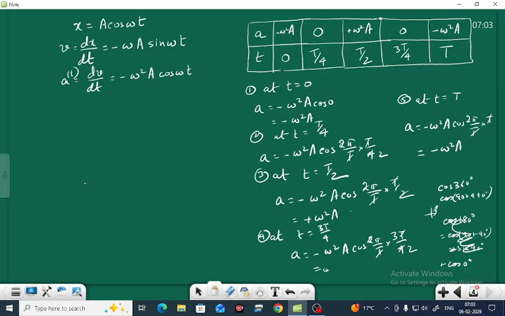Now if we draw the graph, let us find what type of graph it is. The type of graph will be like this.